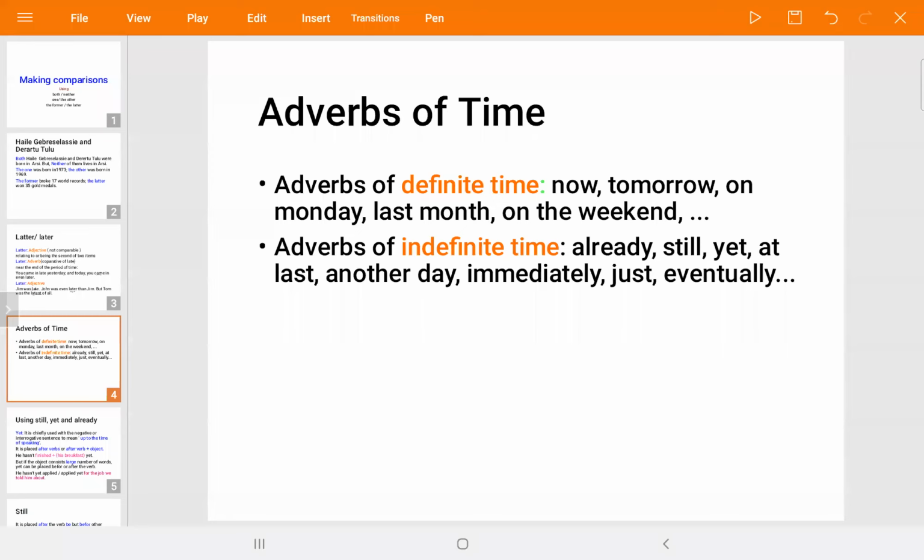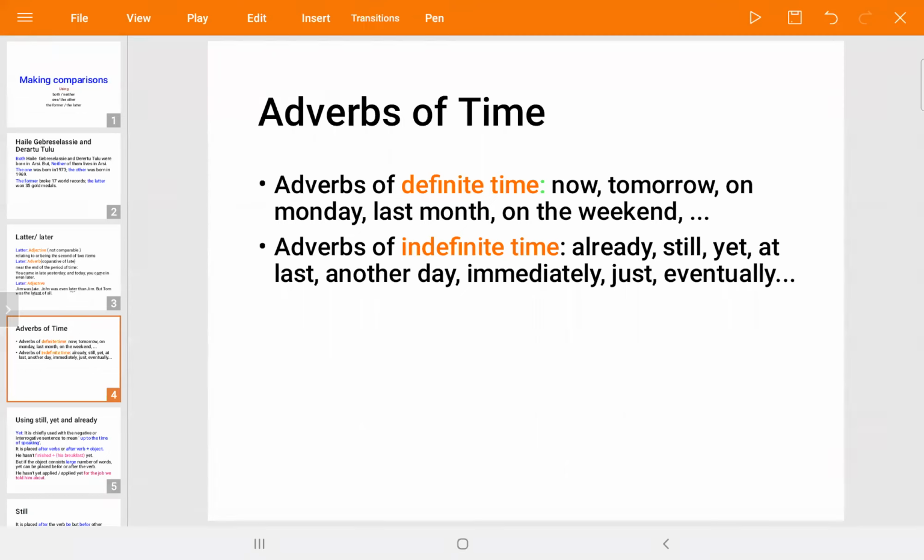Let me remind you of the group A frequency adverbs. Group A includes always, usually, often, and so on. Group B, I think they are negative in meaning, as you can remember: never, hardly ever, seldom, and so on.